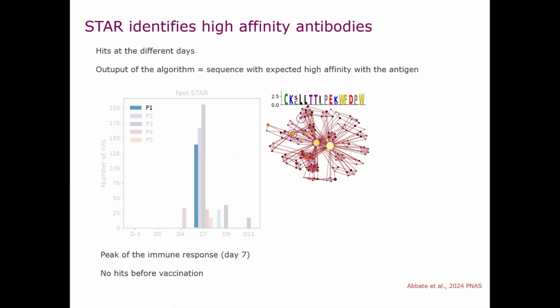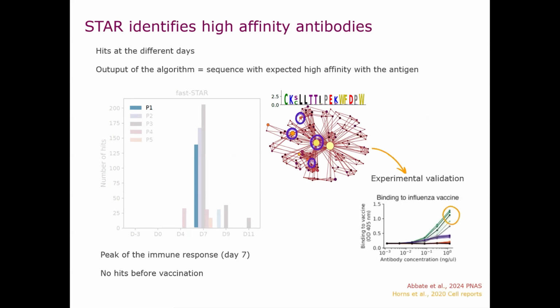In particular, the 4 nodes circled in blue are 4 amino acid CDR3 sequences that belong to 4 antibodies that were tested experimentally by another lab, the same lab that produced this data set in the first place. And these 4 antibodies are the ones with the highest affinity against the flu vaccine among the ones that they decided to test.